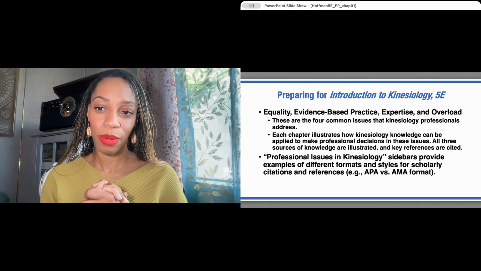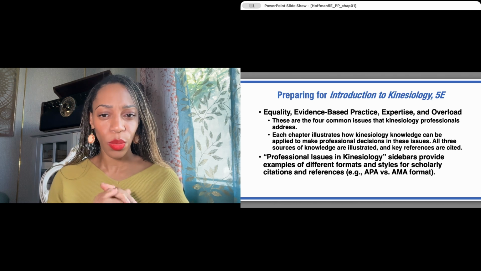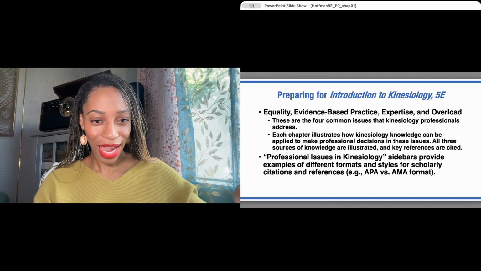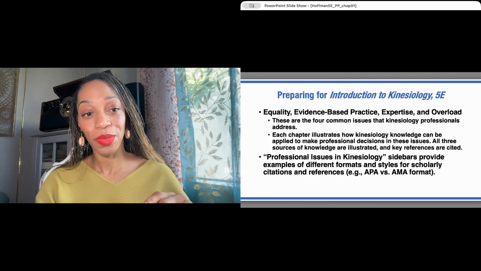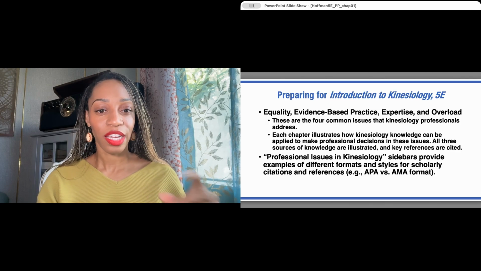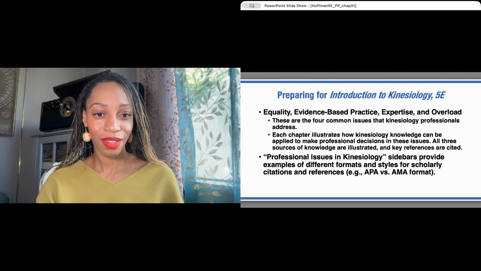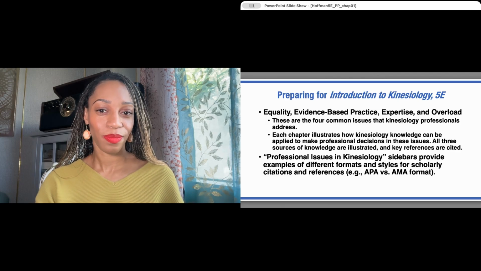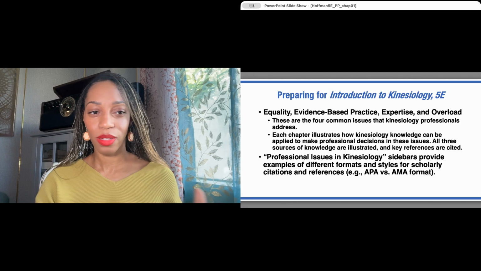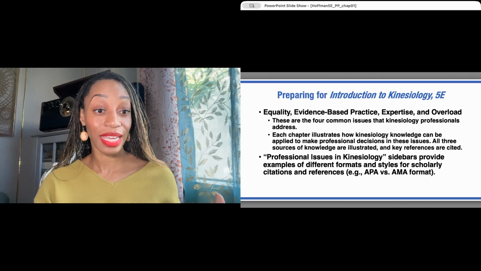And then as we prepare to do instruction, we're going to look at quality, evidence-based practice. That's a term that you should be familiar with, and familiarize yourself with it if you're not. Expertise, not opinion. Overload. All of these are important. They're common issues that people in all aspects of kin will address.